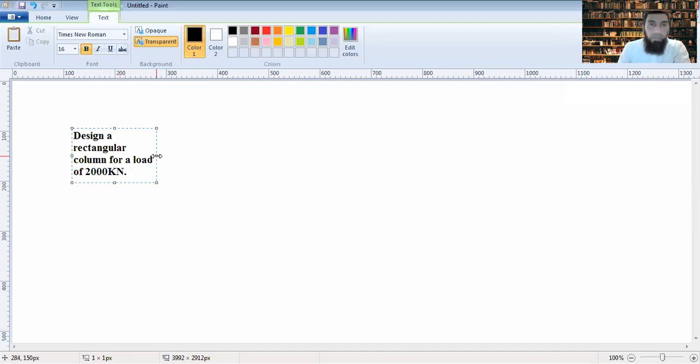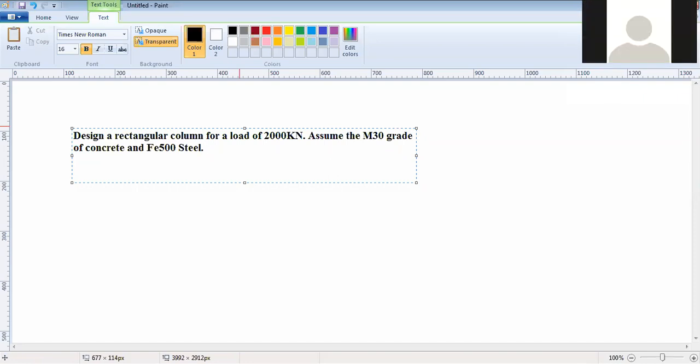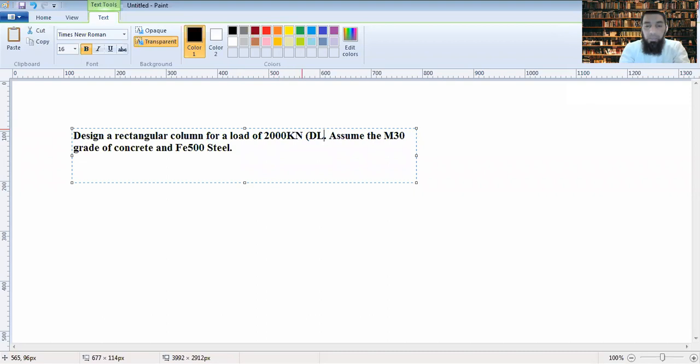What we are going to assume in this question is M30 grade of concrete and Fe 500 steel. This load of 2000 kilonewton included both dead load plus live load.